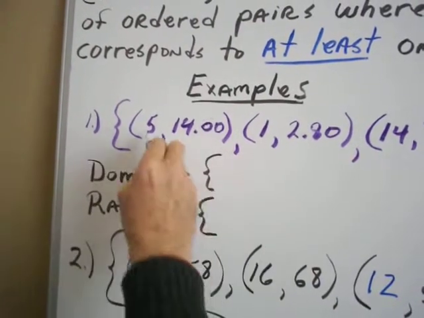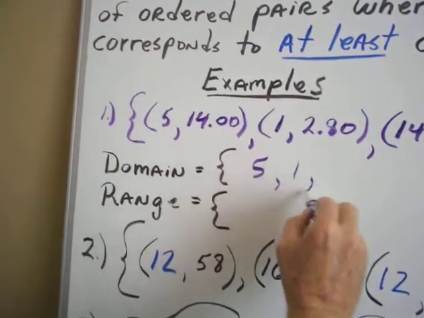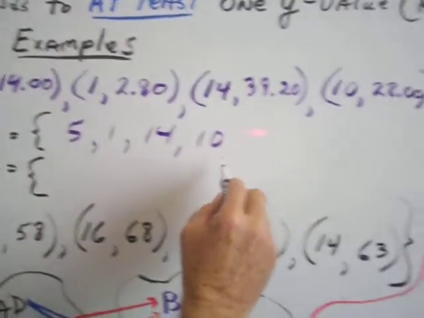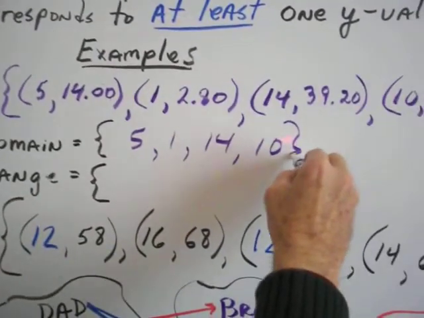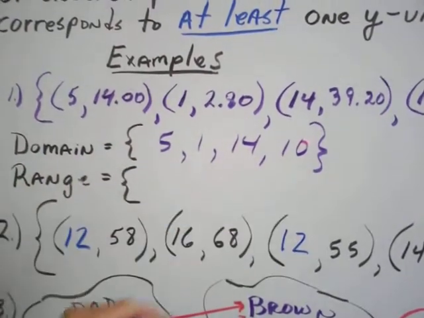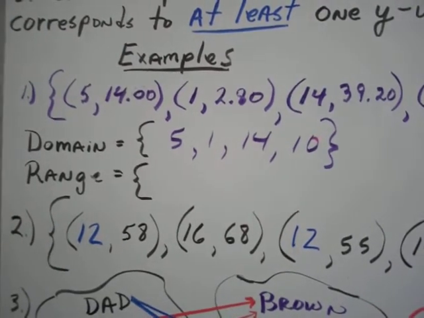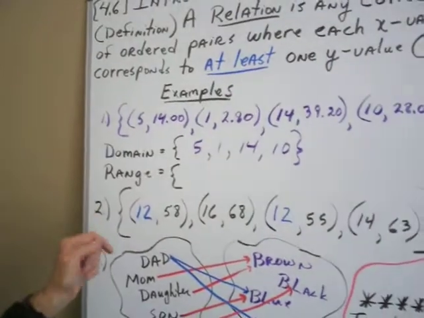After the brace, first domain, 5, comma, 1, comma, 14, comma, 10, and we close it with a brace. You must remember to use braces. It is wrong if you just list 5, 1, 14, and 10, and you don't include them in braces.